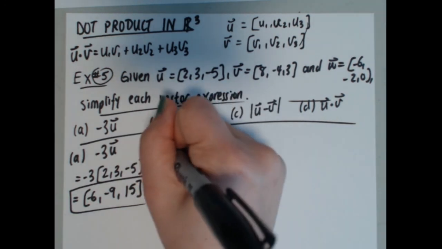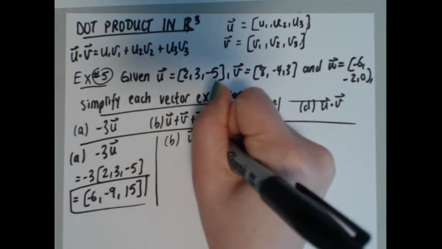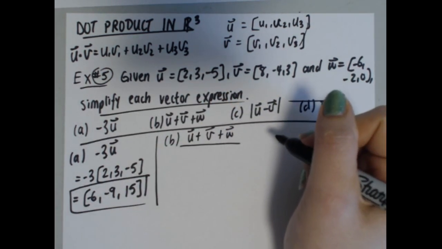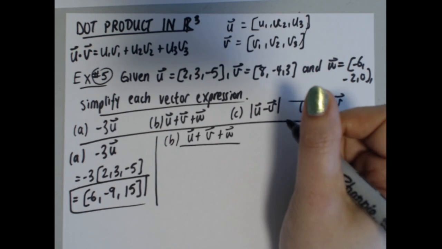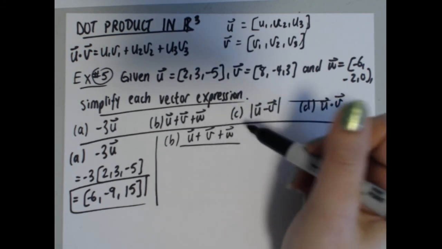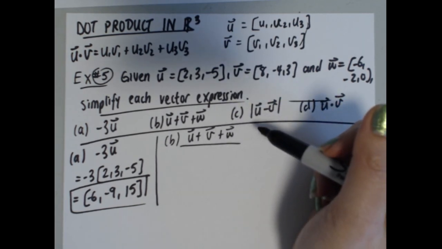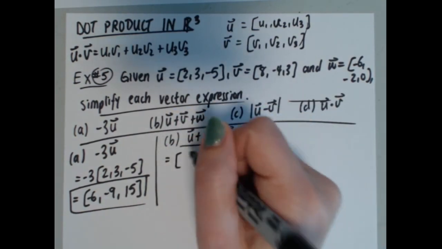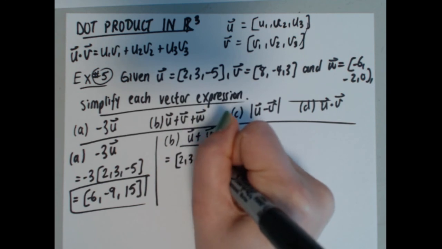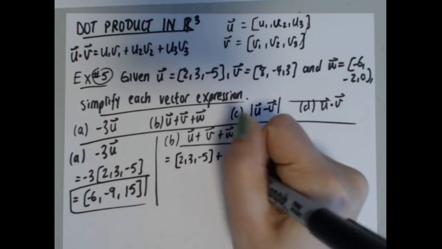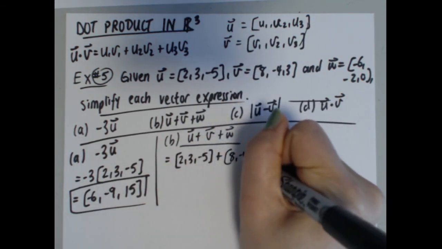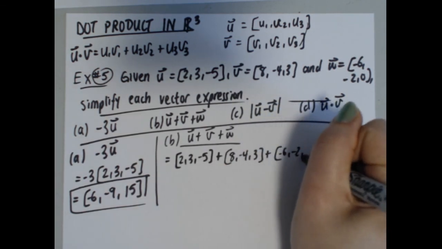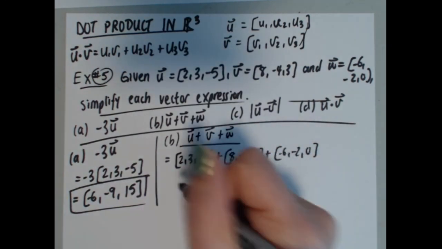Okay, part B, we're going to have u plus v plus w. So we're just adding three vectors together. Just make sure that you understand that when you add vectors, the result will be a vector. So here we go. u is 2, 3, negative 5, plus v, 8, negative 4, 3, plus w, negative 6, negative 2, 0.